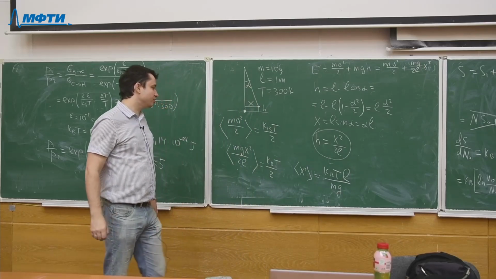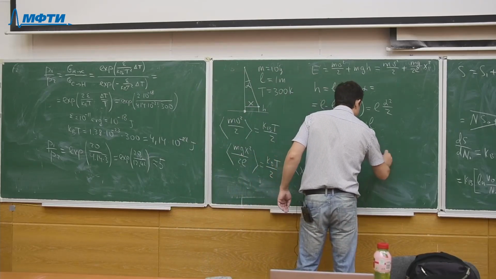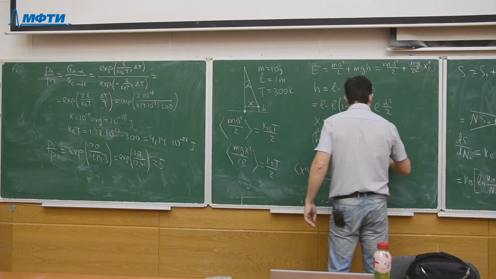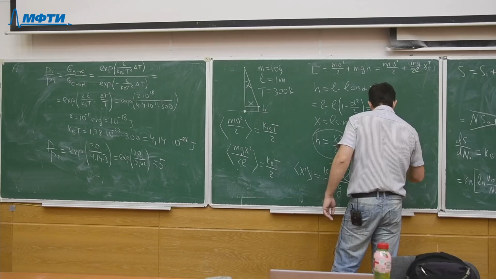So the root mean square deviation from the equilibrium position would be the square root of kBT L over mg.